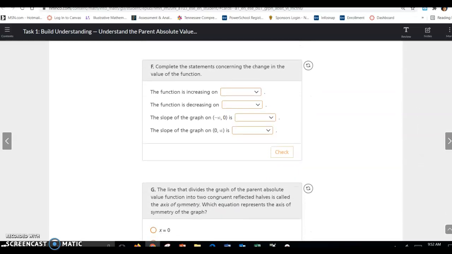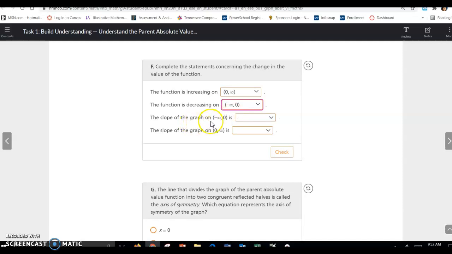All right, complete the statements concerning the changes in the value of the function. The function is increasing on the right side as it goes up, so from 0 to infinity, it increases. The function decreases as it goes towards 0, so that would be negative infinity to 0.